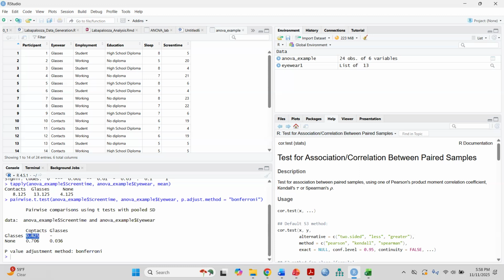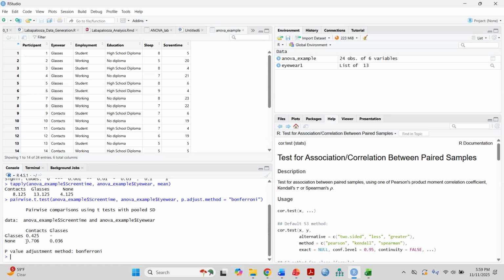Well, that p-value is 0.425, which is way higher than 0.05, right? So that is not a significant difference. So we can go up here to people who wear glasses have an average of 13.125 hours of screen time. People who wear contacts have an average of 8.125 hours of screen time. We have just discovered that those two means are not statistically significantly different because this is above 0.05.